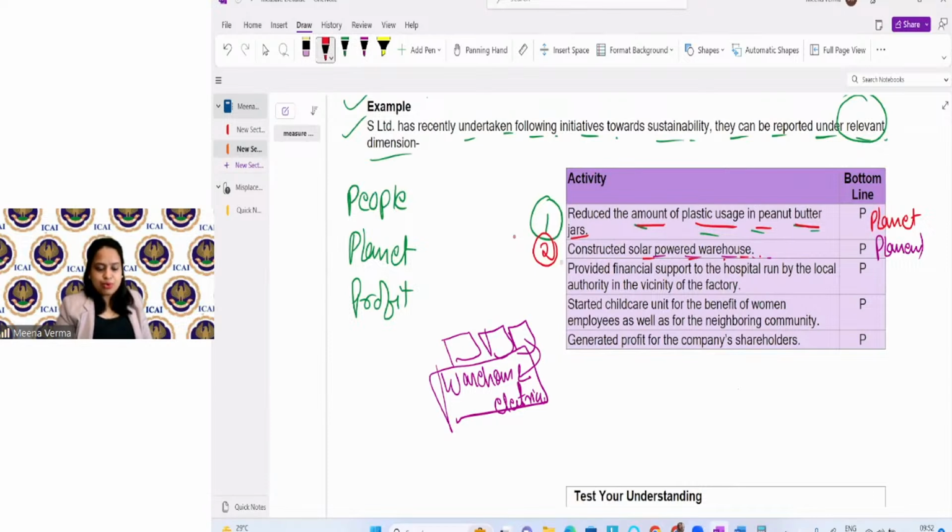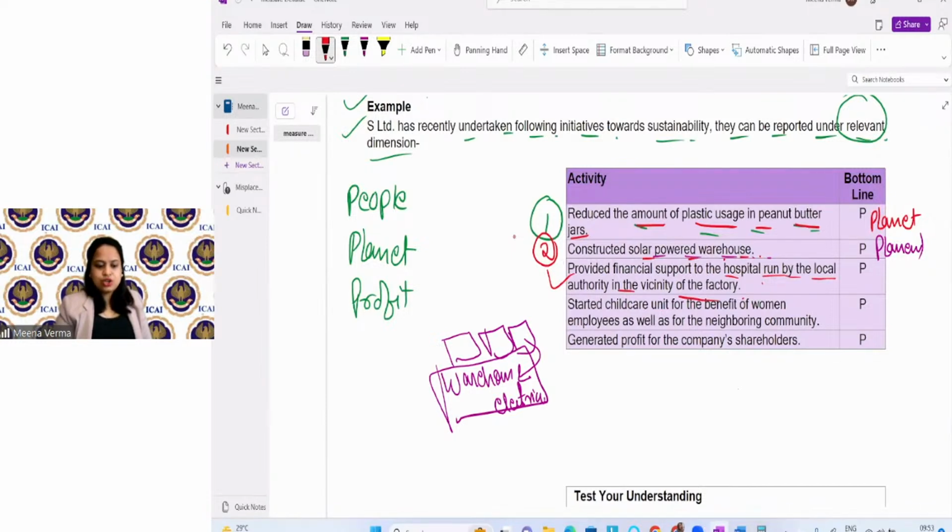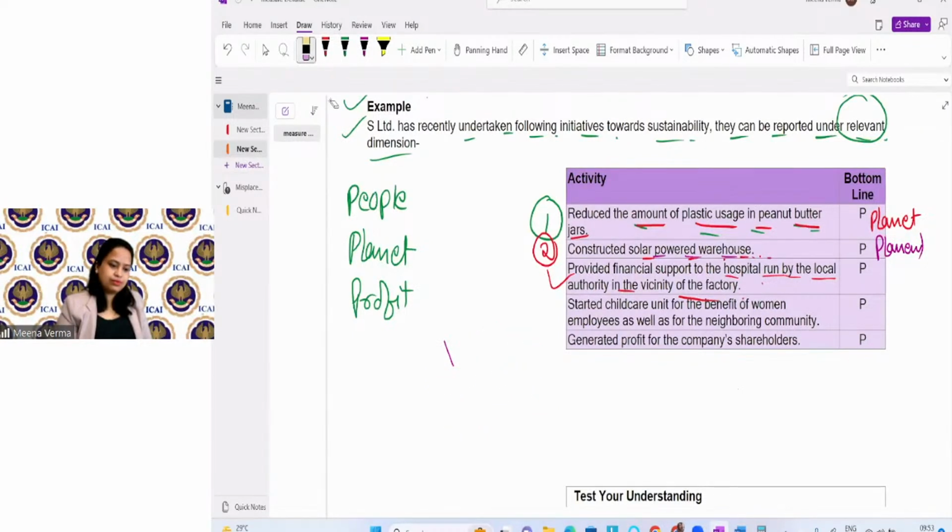Next, provide financial support to the hospital run by the local authority in the vicinity of the factory. You have a factory somewhere, right? Around the factory, there is a hospital. This is some other organization. You have your organization as a factory.